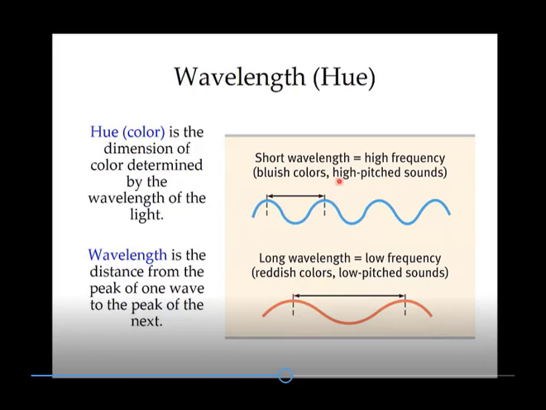Now, you're also going to notice I have high-pitched sounds and low-pitched sounds here. You're going to see this information again when we talk auditory system, because sound works the same way. But for light, the top of one wave to the top of the next, shorter wavelengths give you bluer colors, longer wavelengths give you redder colors, and the wavelengths in between give you all the different colors that we can see.